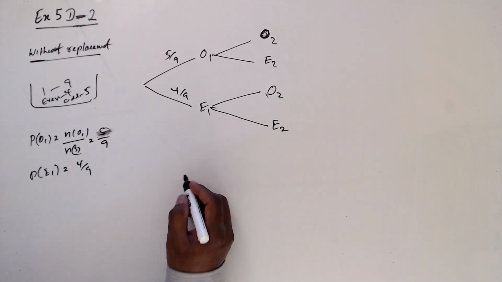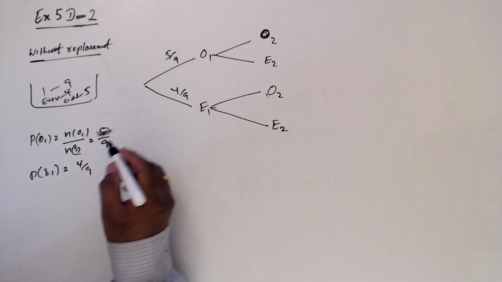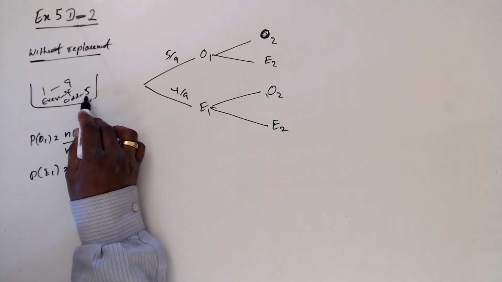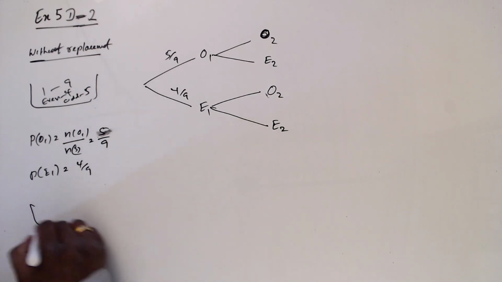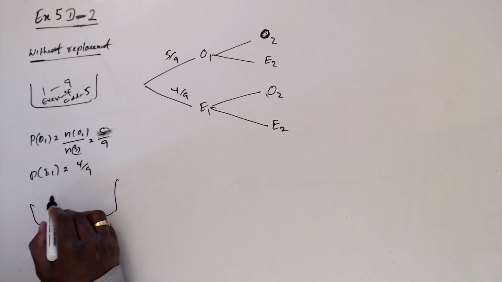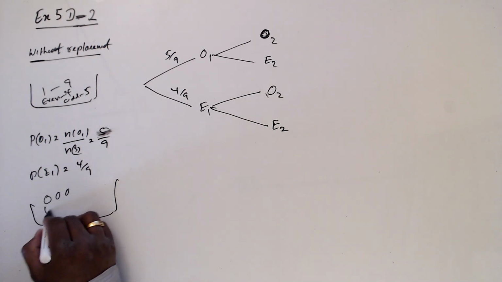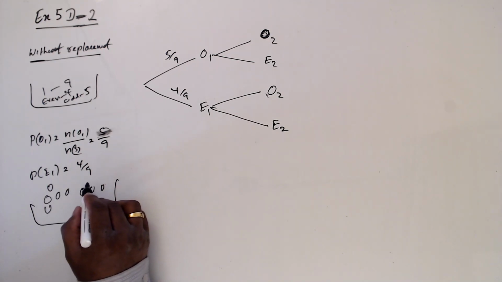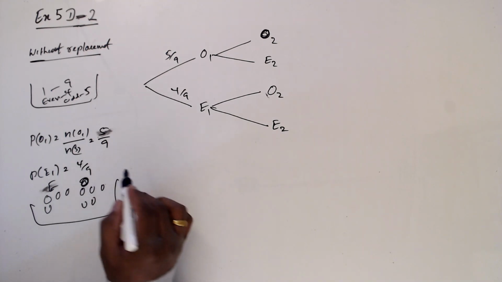Now if we pick up an odd one, then the odd amount is going to be reduced. Then 4 over the total number is going to be 8. Now there are 4 even, 1, 2, 3, 4, and 4 odd.